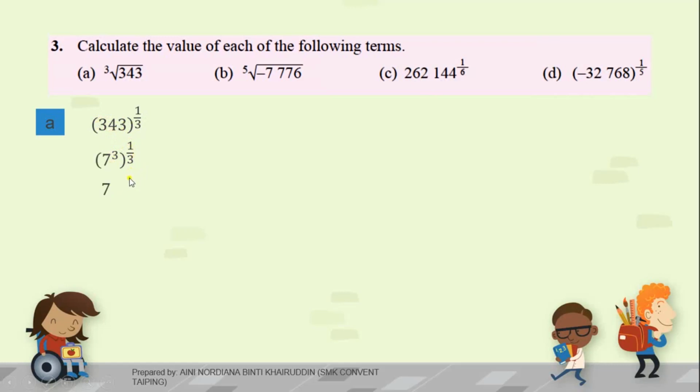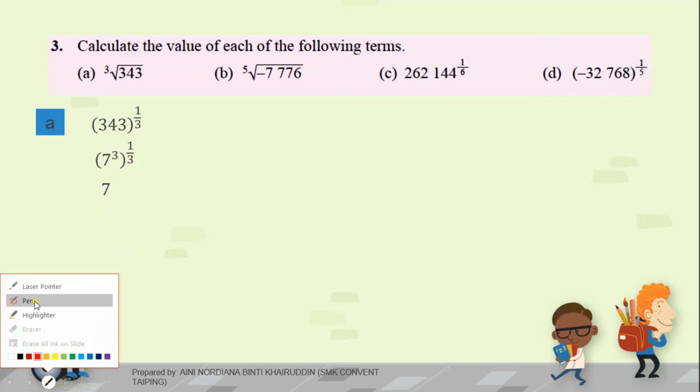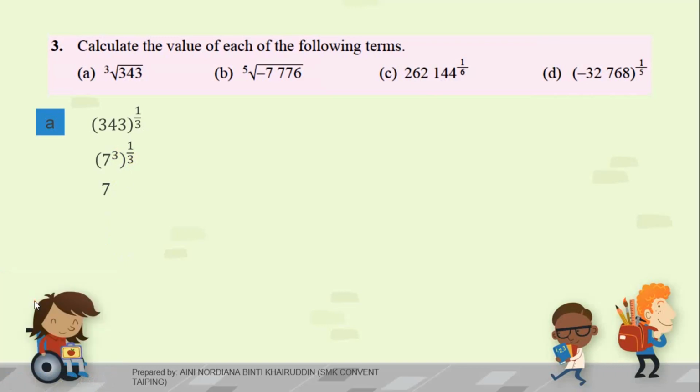So 7 to the power of 1 is 7. So you can cancel out this 3. So 343 is actually 7 cubed. So you cancel out this, you get 7.